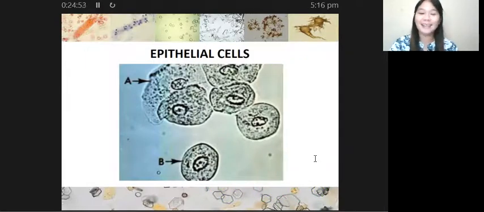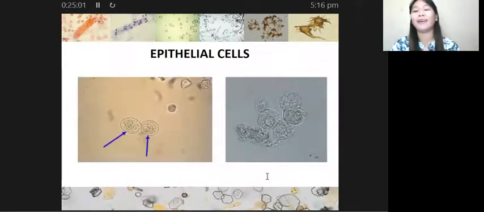To the most significant epithelial cell. What again is the most significant epithelial cell? Very good, the renal tubular epithelial cell. Depending upon the specific origin of your renal tubular epithelial cell, they vary in size.